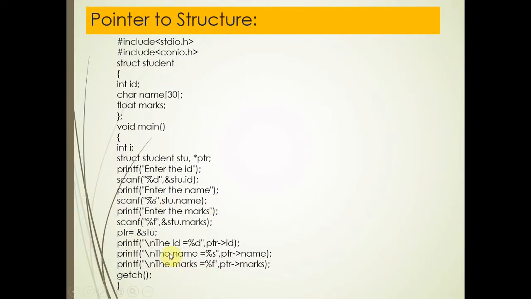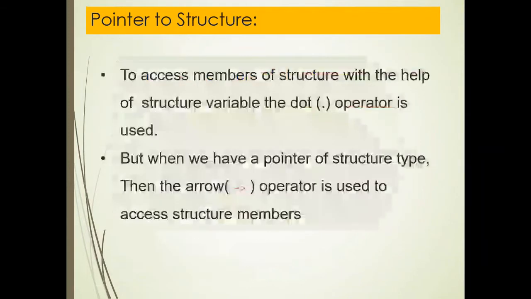So see the statement printf the id is equal to %d, ptr. Here I have used the arrow operator. In the above initialization I have used the dot operator, and we can also print the values with the help of the dot operator. But as I told you, to access a member of a structure with the help of a structure variable, the dot operator is used.